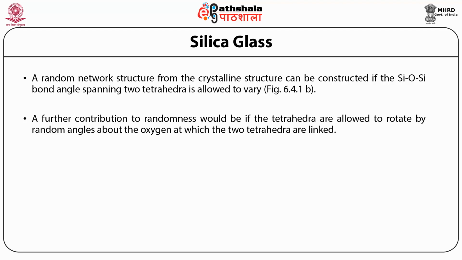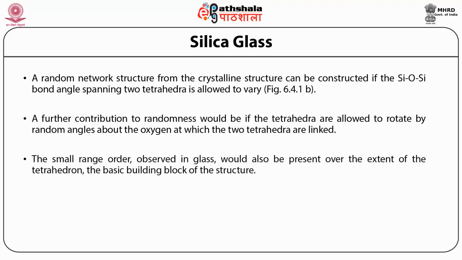These factors would introduce randomness in the structure. The small range order observed in glass would also be present over the extent of a tetrahedron, which is the basic building block of the structure.